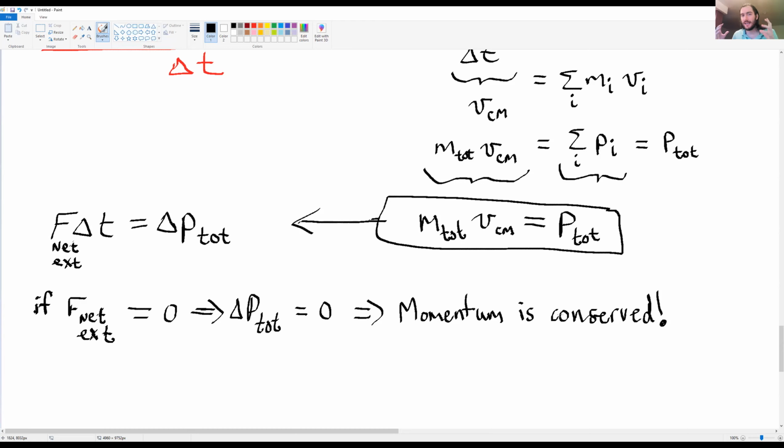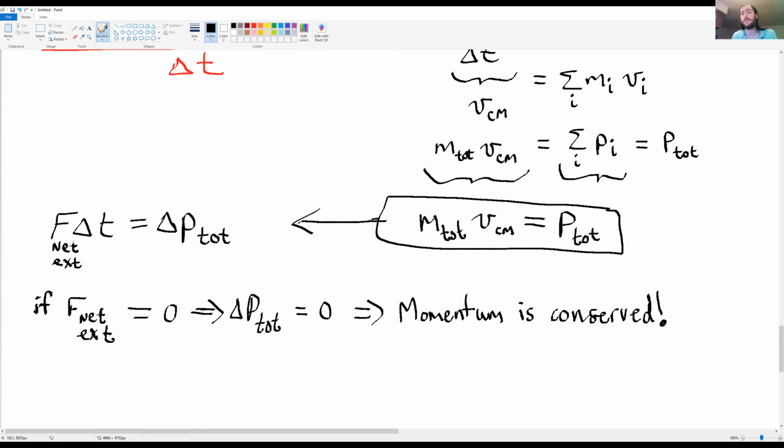Remember, if I take a galaxy and I look at the forces between, for example, some planets and their stars, of course, those forces are internal forces, right? Those are forces that are inside of the galaxy. But remember, we also have Newton's third law. Newton's third law says the force of gravity between a star and a planet on the star is equal and opposite to the force on the planet.